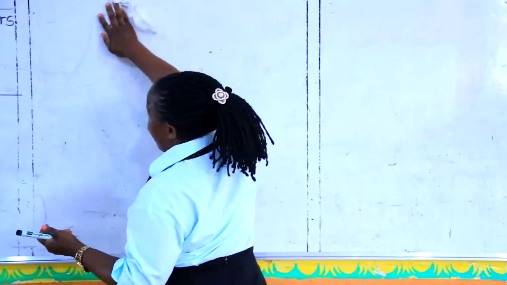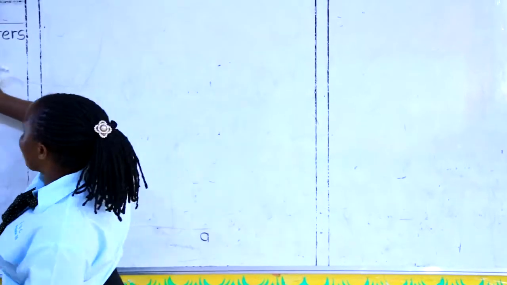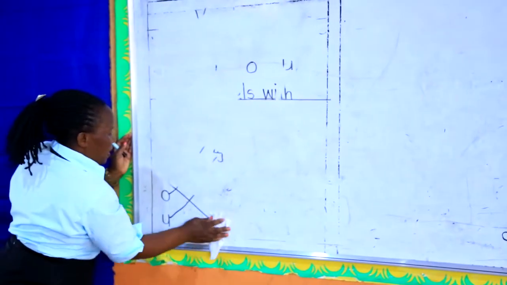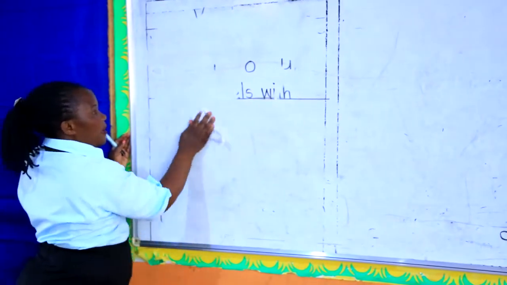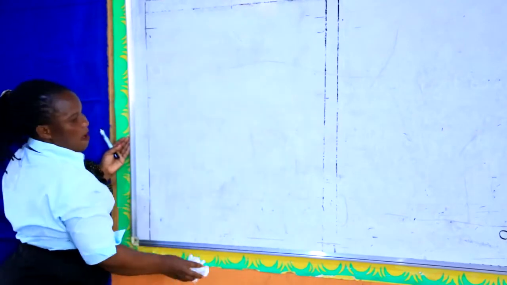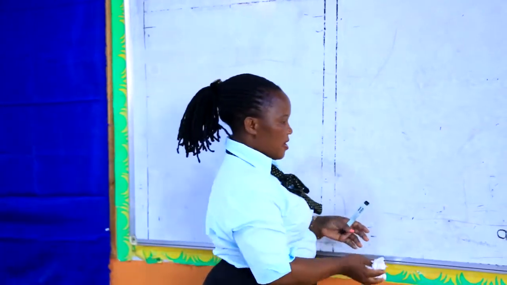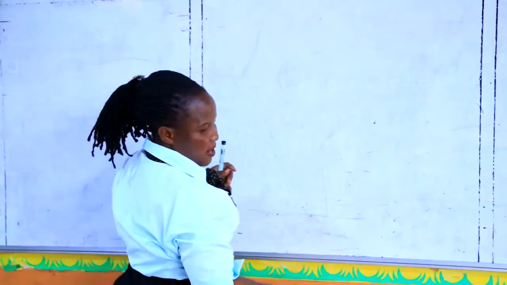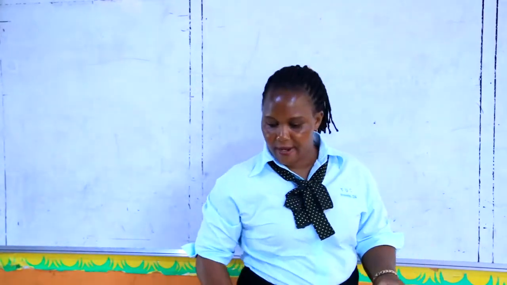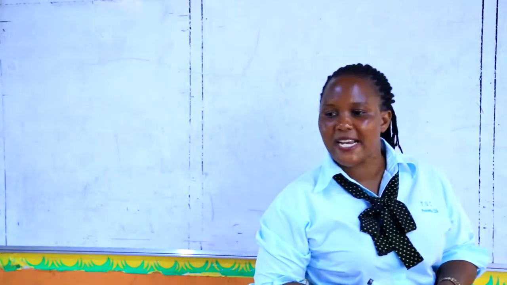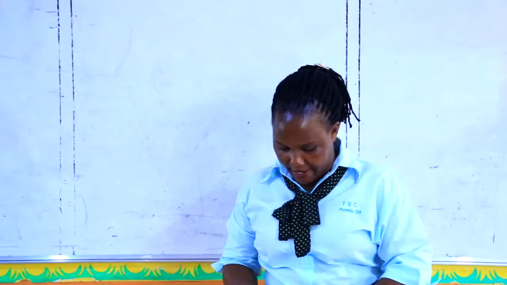Among the syllables we have ba, ka, da, fa, ga, ha, ja, ka, la, ma, na, pa, ra, sa, ta, va, wa, ya, and za.